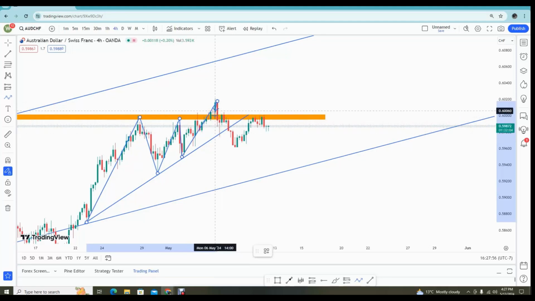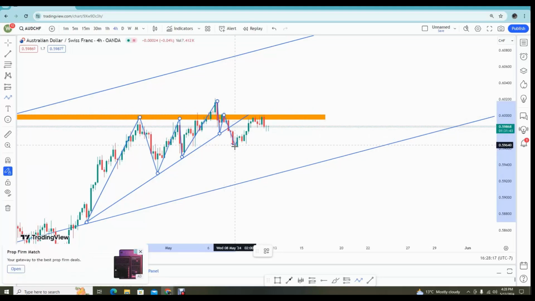Since the market already broke out of this zone, it was supposed to continue this way, because this was a breakout, but it couldn't do the same thing. It gave us the pullback to the zone as well, respected the zone and broke the trend line.